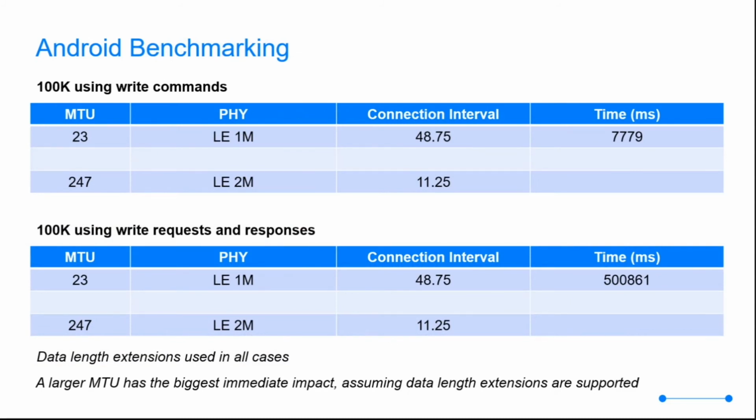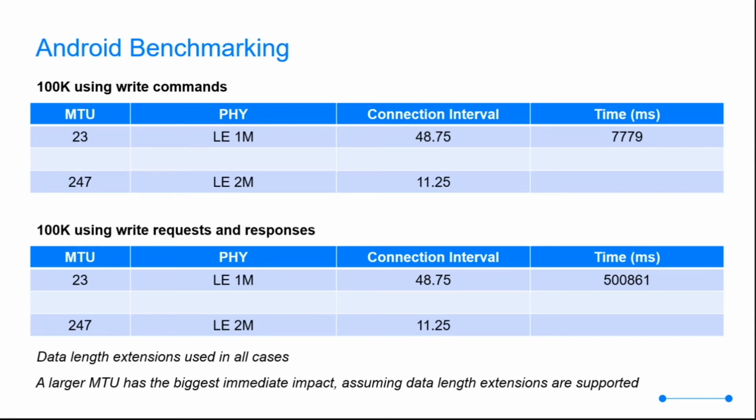So I did some benchmarking with an Android application I wrote involving the transfer of 100K of data from my smartphone to a peripheral device using, first of all, write commands and working with the defaults that Android provided me with. So that was an MTU of 23 bytes, that's the default.